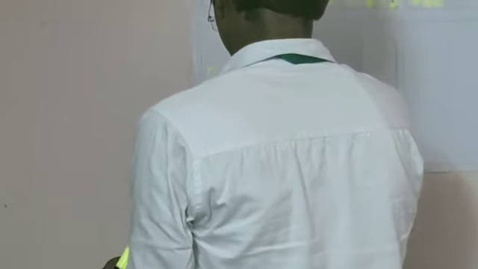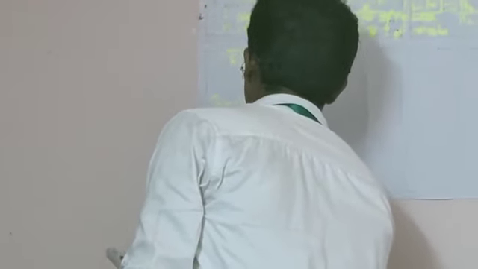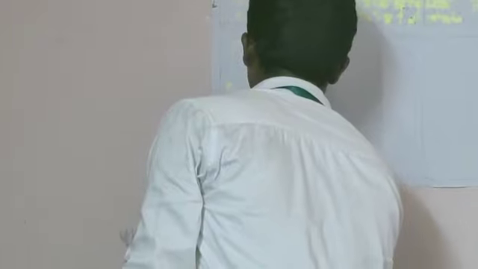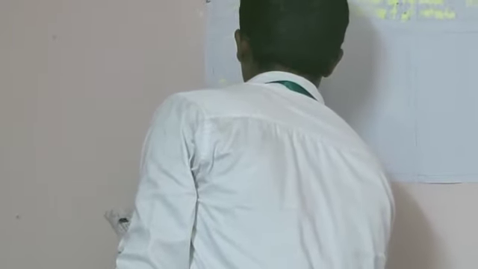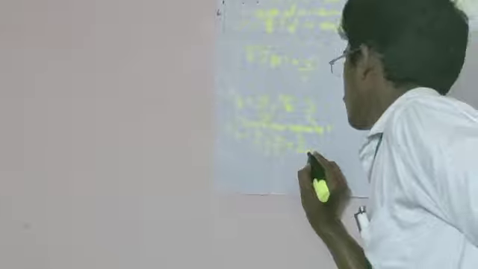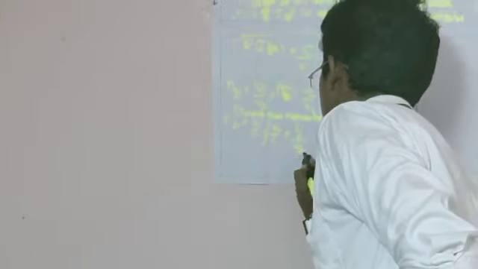Okay, V1 by C, V2 by C. Dividing numerator and denominator by C, N21 is V1 upon C by V2 upon C.